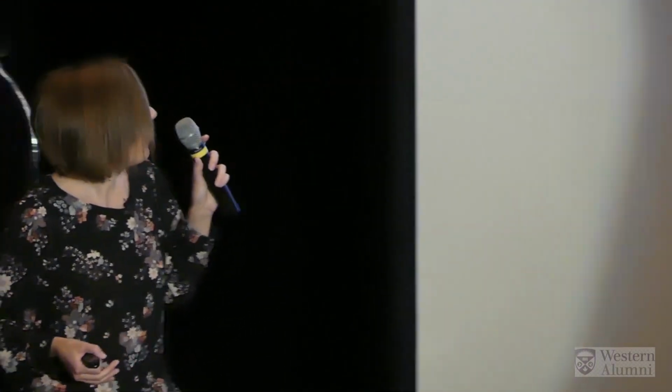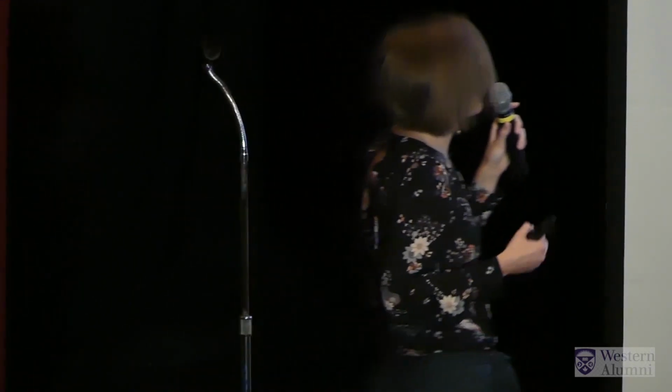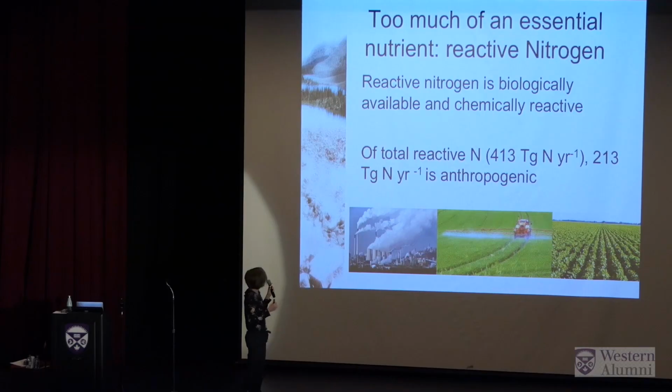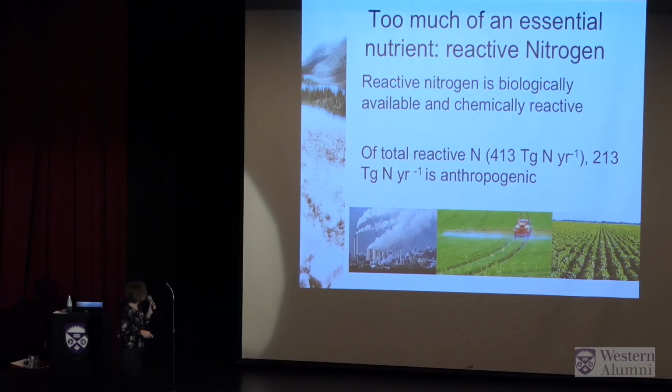So of the total reactive nitrogen in a year, which is 413 teragrams, where each teragram is 1 billion kilograms, over half of it is human-caused or anthropogenic, so added to the system by us. So by fossil fuel combustion, by fertilizers that we add, and by the types of crops that we produce.